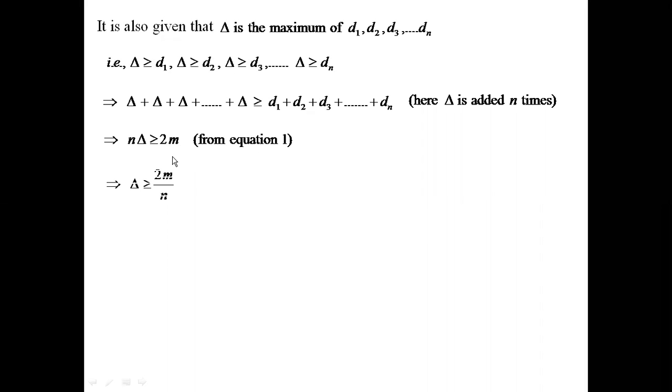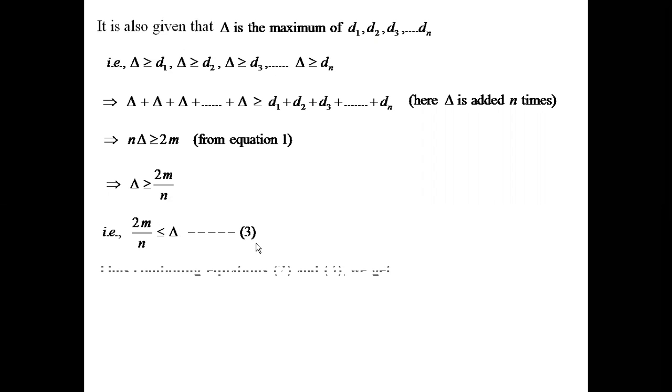So simplifying this, big delta is greater than or equal to 2m by n, which is equivalently written as 2m by n is less than or equal to big delta. So we have obtained the second part of the inequality in the required result. We'll call this equation 3.